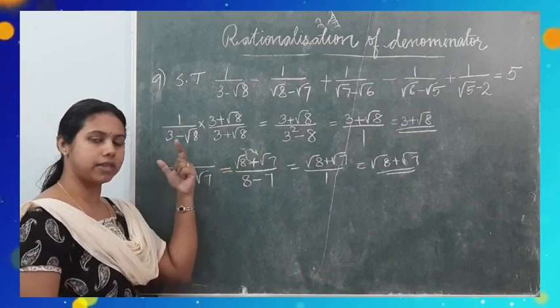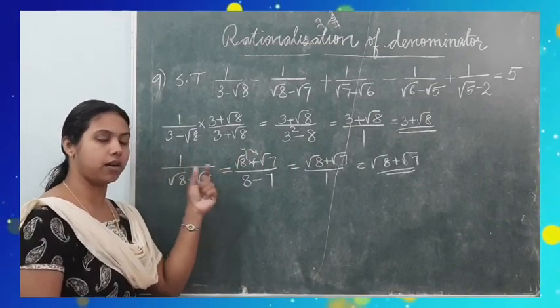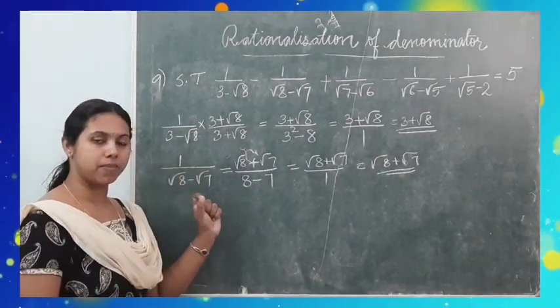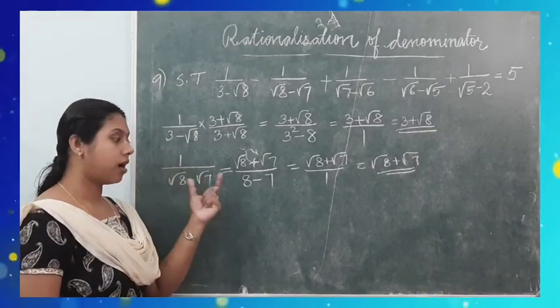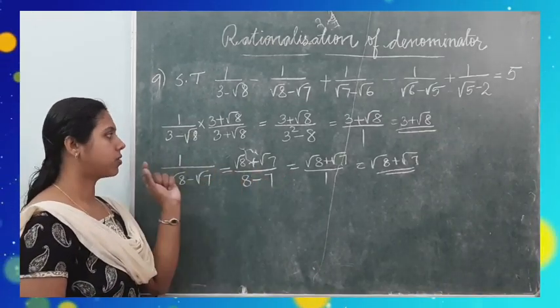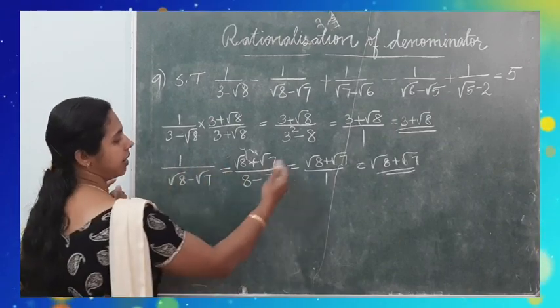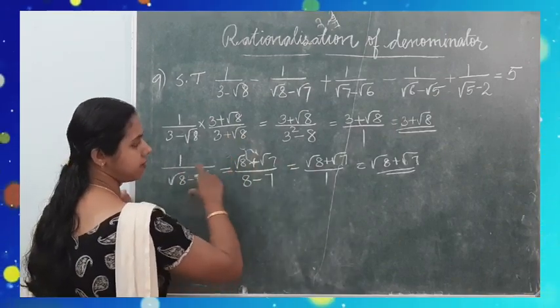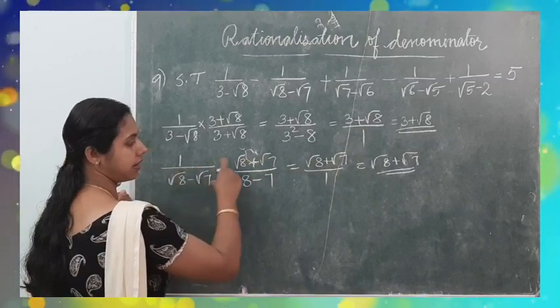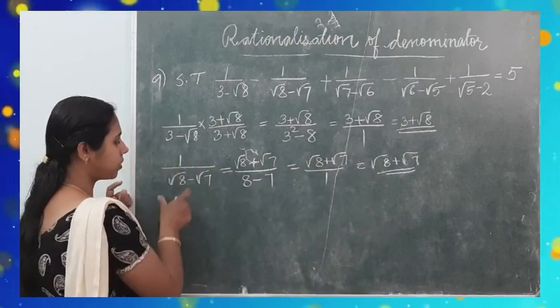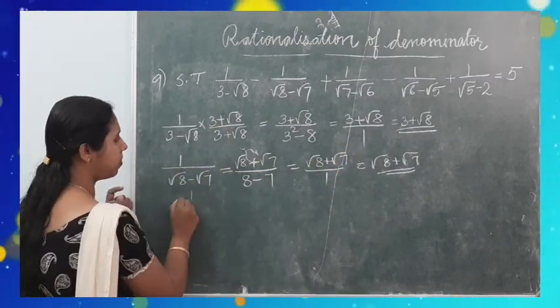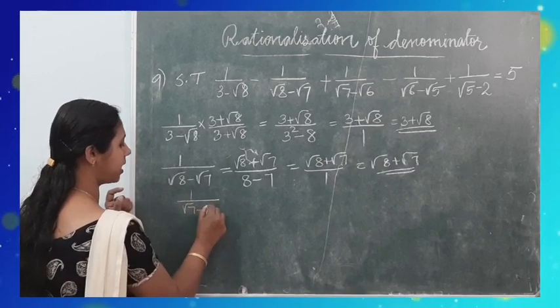Now we have discussed the rationalizing method so much, so you know how to rationalize each one. I am skipping a few steps here, and the same way we can write the answers directly. The next one, 1 by root 7 minus root 6.